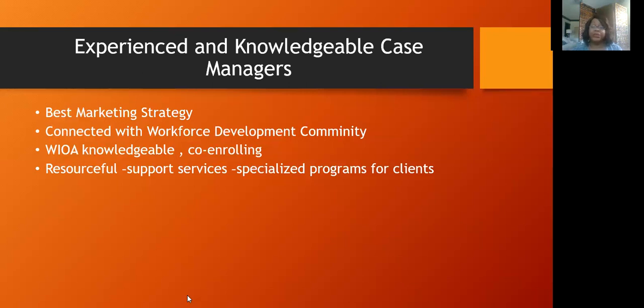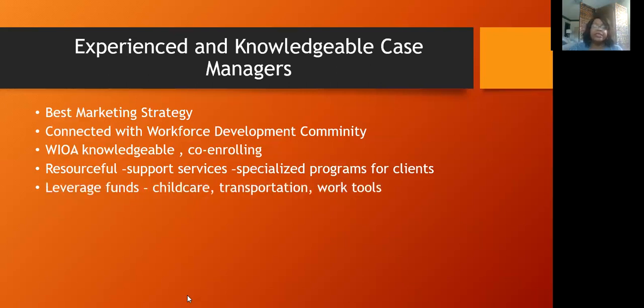So it is only to your advantage and certainly to your asset to connect with the veterans program for that particular client. So again, you want to make sure that your case managers have the knowledge, have the experience, and they tap into all of these community resources and address that for your clients.